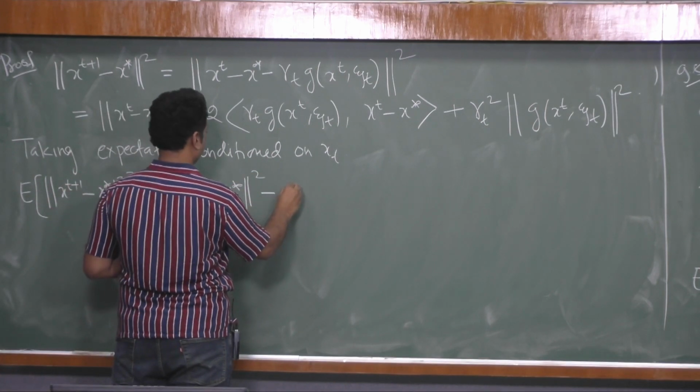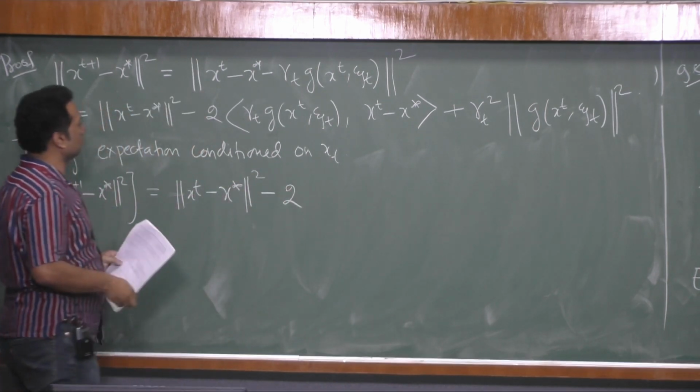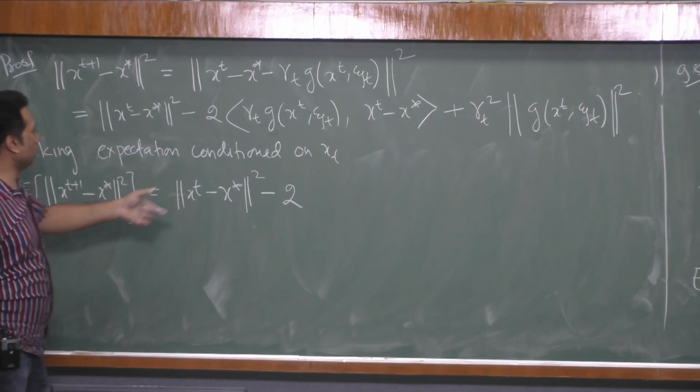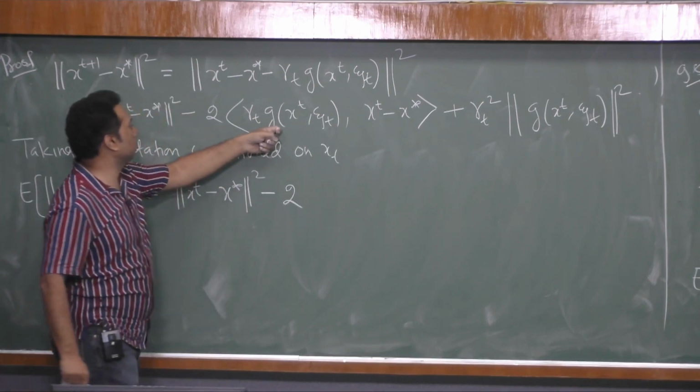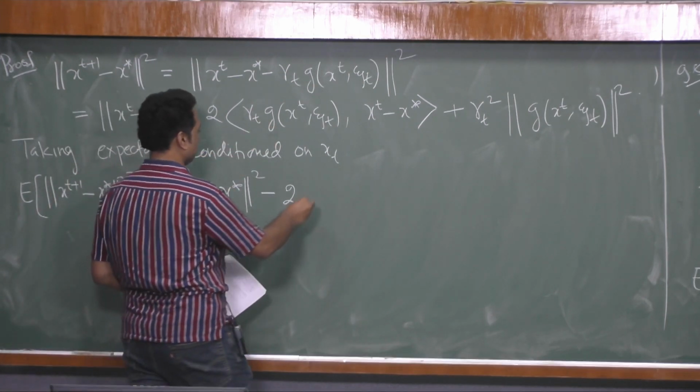So now we are used to all this. Although it is conditioned on xt, the gradient is computed on xt in a stochastic way, so hence it remains a stochastic variable. We have seen this before.